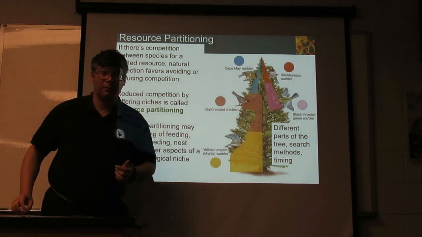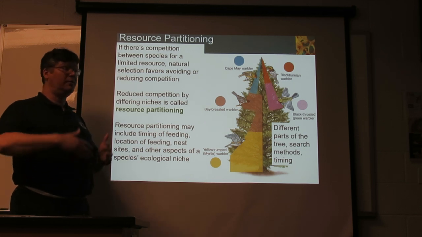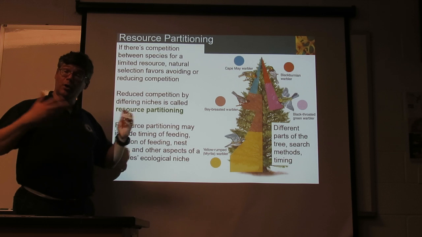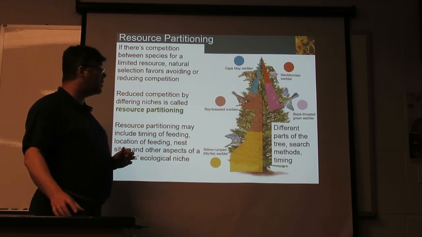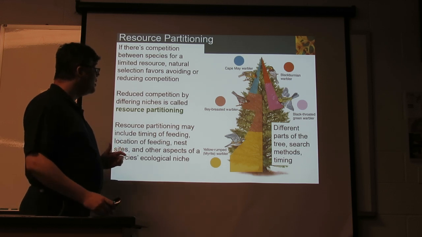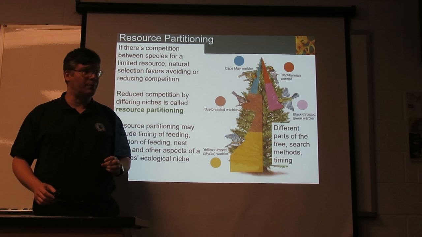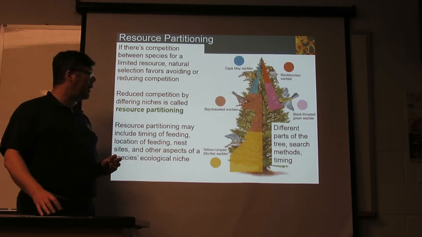But another thing, rather than trying to compete, is to share, divide up the resources. And so over time, natural selection will tend to favor different species specializing in different areas. This is an example of some different species of warblers. These are small birds. They're migrating through our area now.